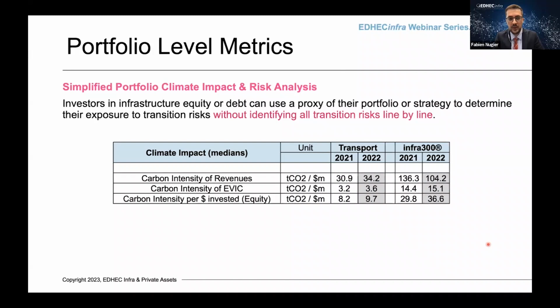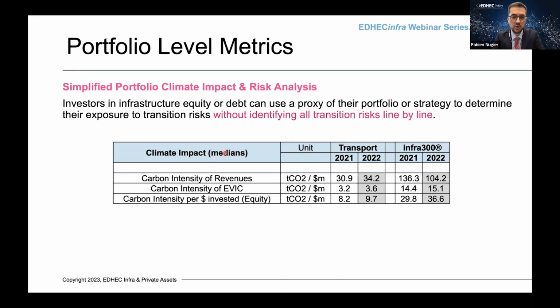So inframetrics can be used to proxy the portfolio and the assets in a portfolio, especially for very large portfolios, for which it would be very difficult to estimate the emissions for every asset. So you can use inframetrics to look at the asset classes and look at the emissions.